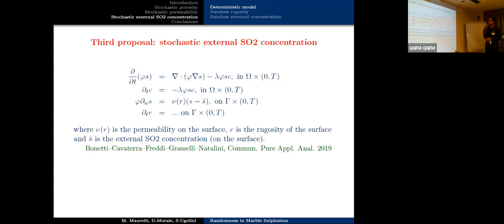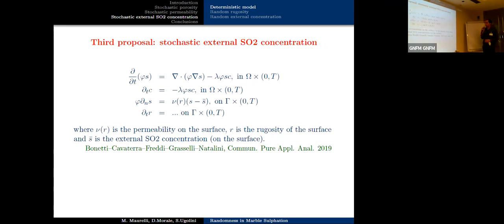The idea is to consider the surface of our monuments, which is very rough. The sulfur dioxide flows in or out of the monuments according to the rugosity of the surface, and the rugosity also evolves according to a certain equation, which is quite difficult to write here.